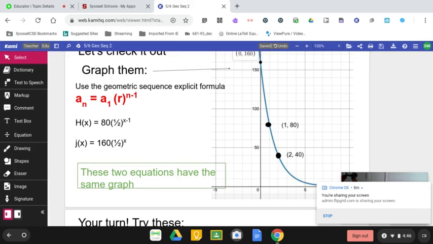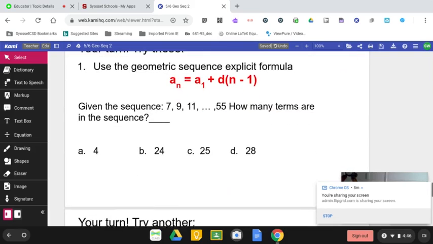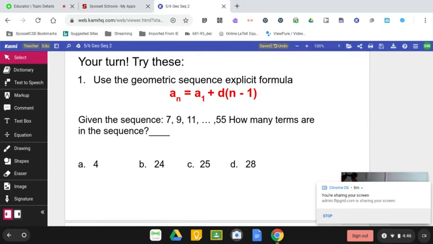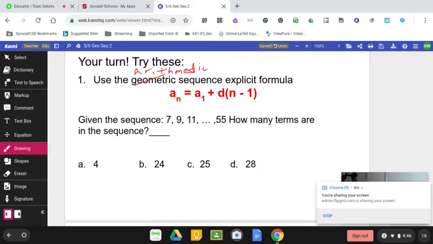So for your turn, you're going to try this. It's supposed to be an arithmetic sequence, sorry. Use the arithmetic sequence formula to find how many terms, so you're going to find n.